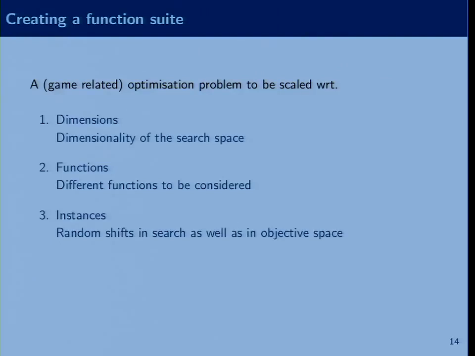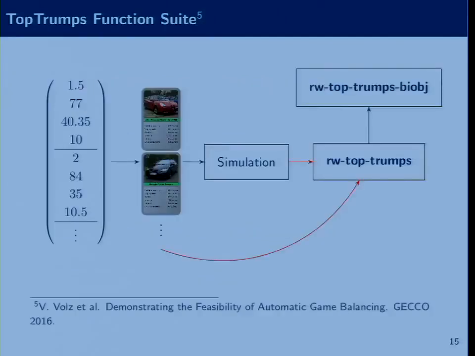Different instances, where instances means shifts in search space as well as in objective space, and these are randomly done during the optimization process, so you don't know beforehand where the optimum is located, which value it has, something like that. And last but not least, some kind of handling of uncertainty strategies. So, the easiest is the resampling, where you have simulations per points.